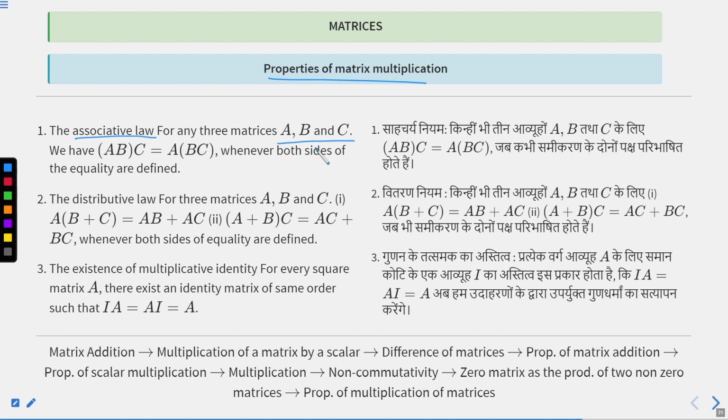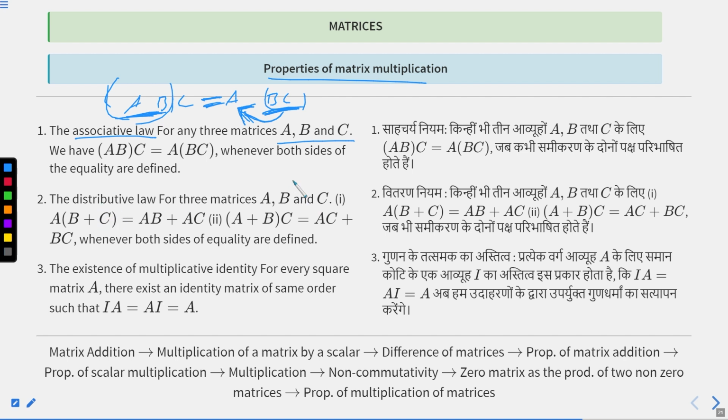This means if you have 3 matrices ABC, if you multiply the first 2 matrices and then multiply the output with the third one, C, this will be the same as multiplying the last 2 matrices and then multiplying A with the output of the last 2 matrices. This will give you the equal output.